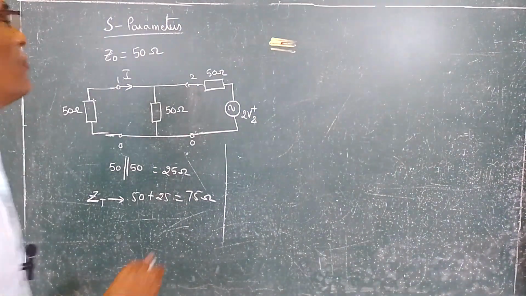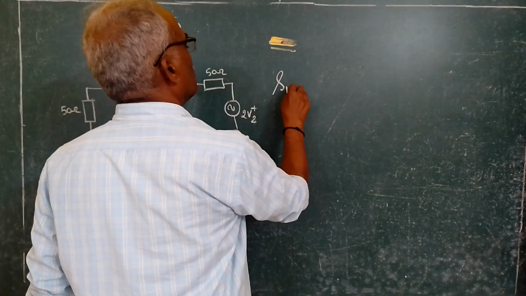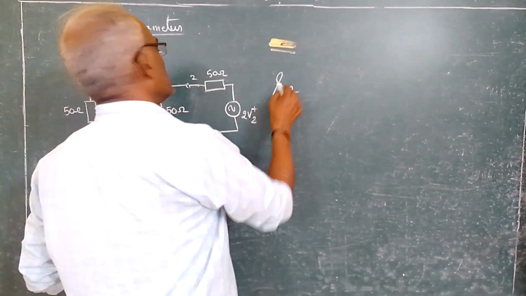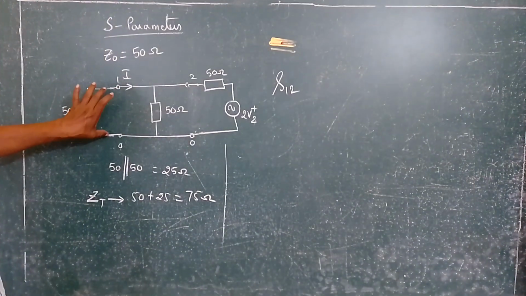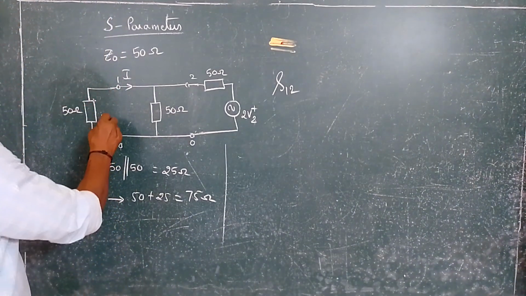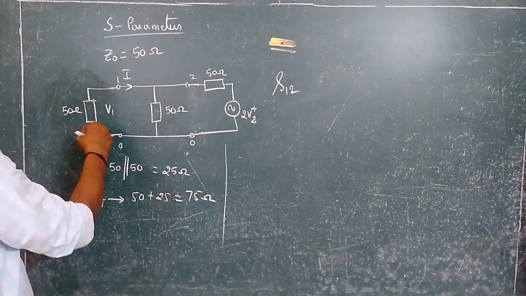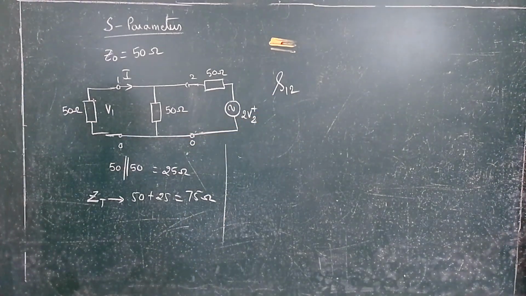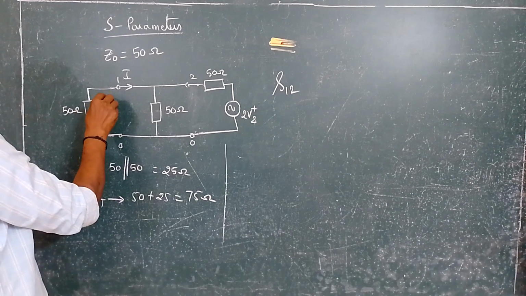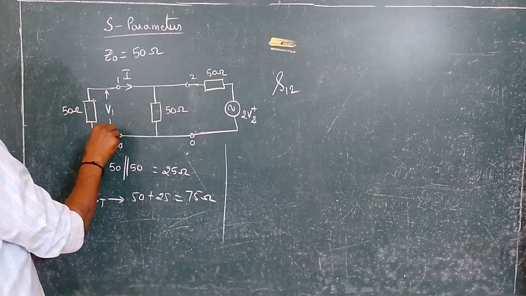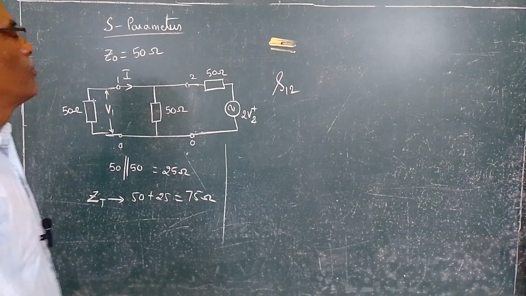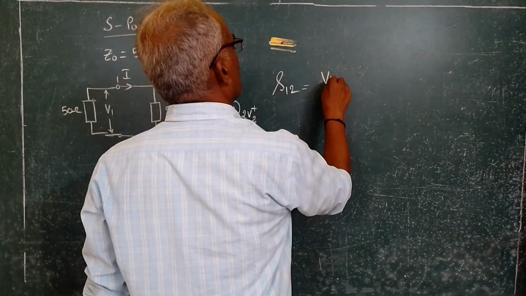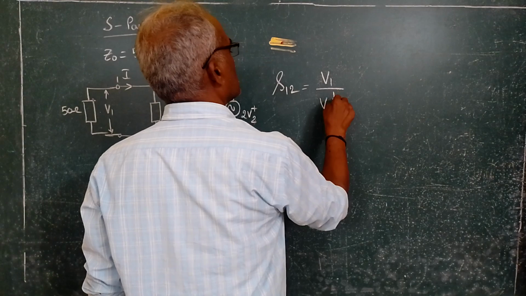So now we are going to find out S12. I already told you, S12 means 1 is the output, that means we are seeing the output here. So V1 or Vout, because the source is connected to port 2. So we are seeing the output here, that is V1, and the input is given here. So S12 is nothing but output V1 divided by V2 plus.